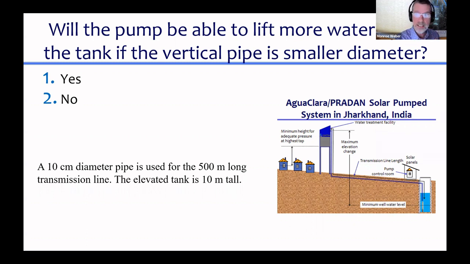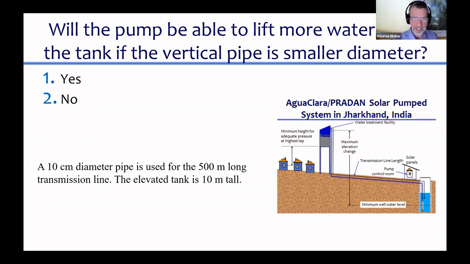So the answer is, the bigger the pipe, the more water the pump can pump through it. And the fact that there's this big column of water there is not a problem, because the pump isn't even aware of that big column of water. It just sees a pressure.